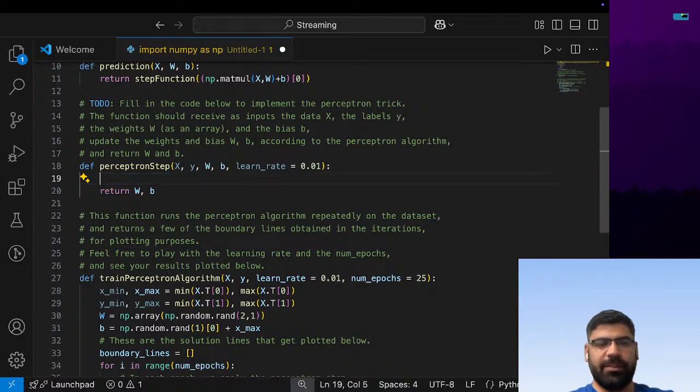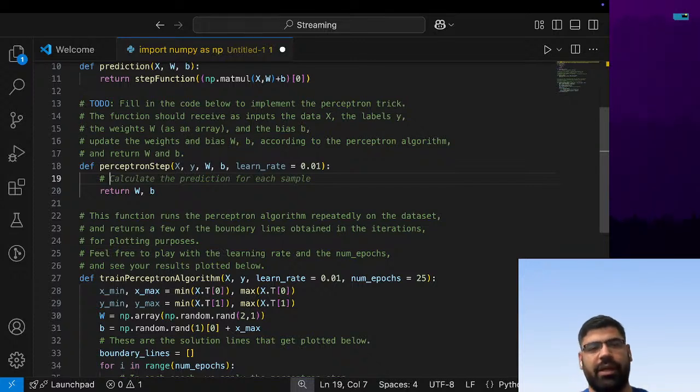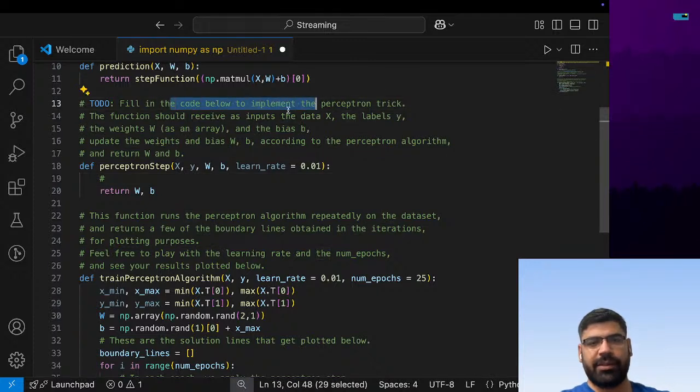So let's find, based on our information, x and y, w, b. Fill in the code below to implement the perceptron trick. The function should receive as inputs data x and y, the weight w as an array, and the bias b. W is an array.